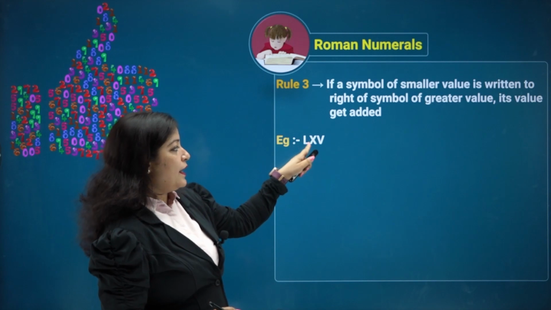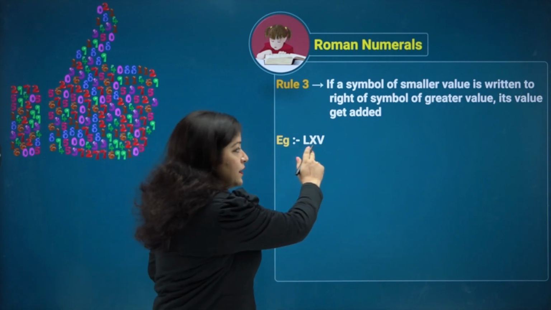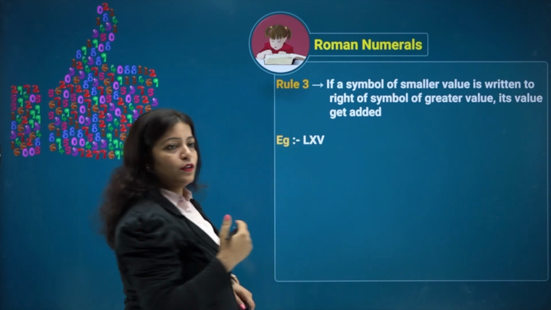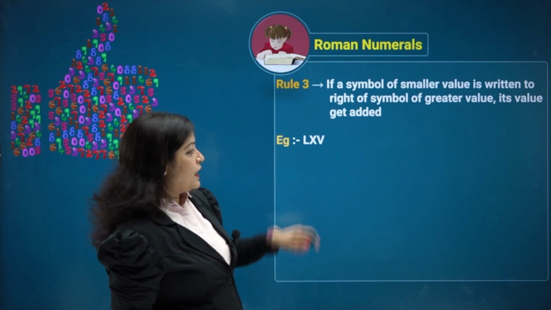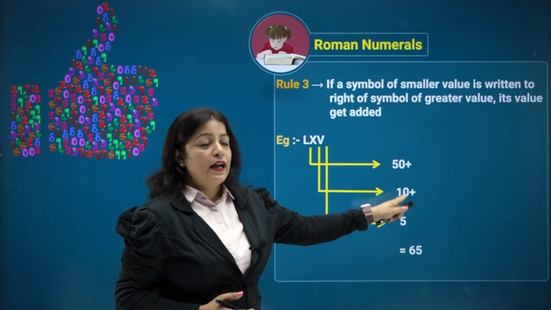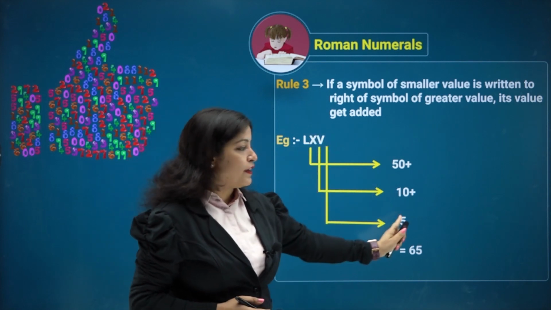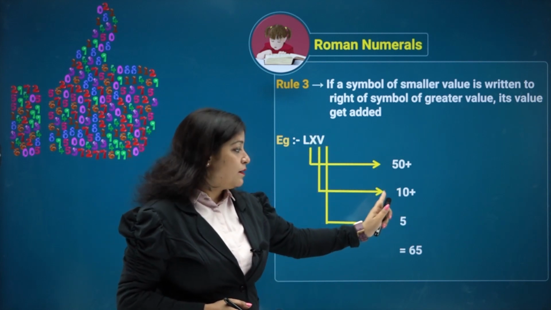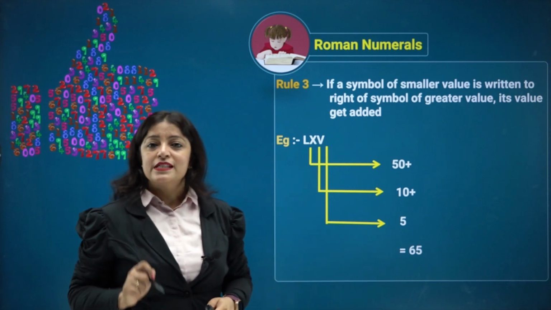So 10 is written to the right of 50, so to 50 we are adding 10, and then to 10 we are adding 5. So 50 plus 10 plus 5, we get the number 65.